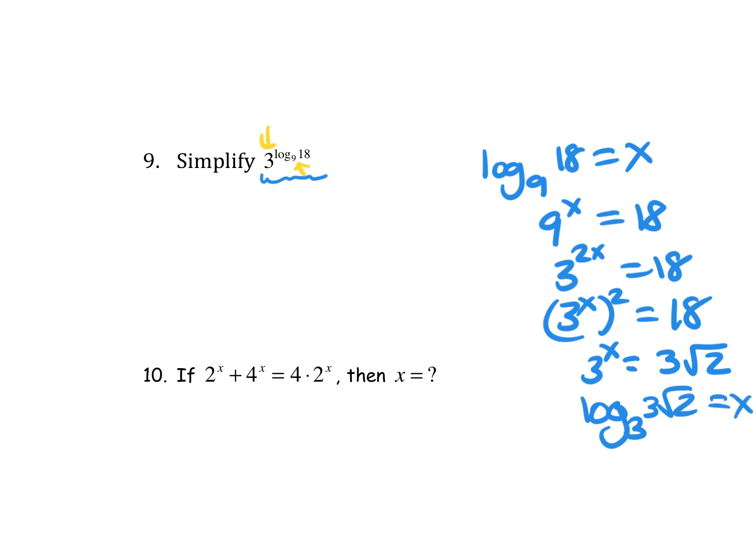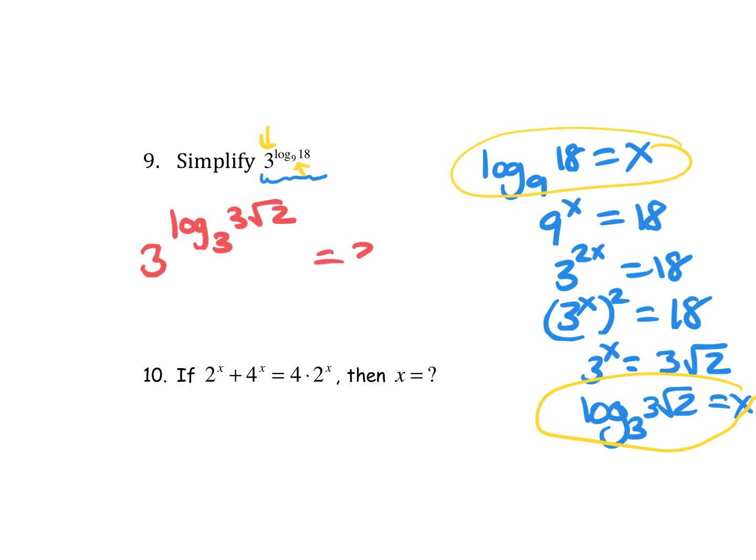All right, so remember what we originally had x as. We originally had x as this, but we just rewrote x as log base 3 of 3 root 2. So now I can rewrite the original problem. 3 to the log base 9 of 18 is the same as 3 to the log base 3 of 3 root 2, which is just going to be 3 root 2, which is pretty cool. Okay, that's it.